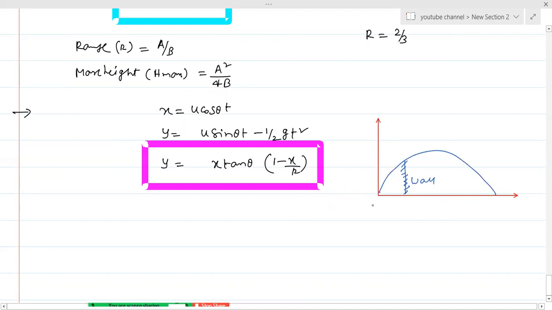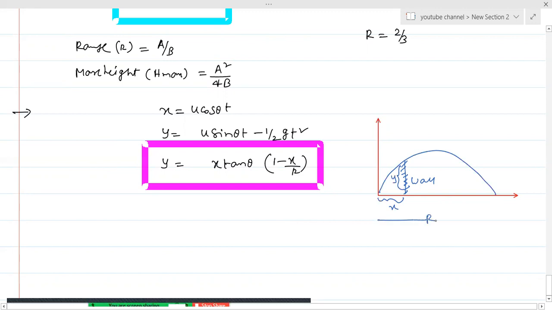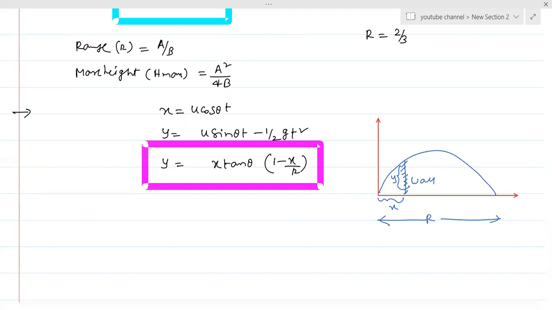This distance is treated as x, and after some time this distance is treated as y, and this will be the total range. In order to calculate the height of the wall, generally we will use y equivalent to x tan theta into 1 minus x by r. So this is very, very important.